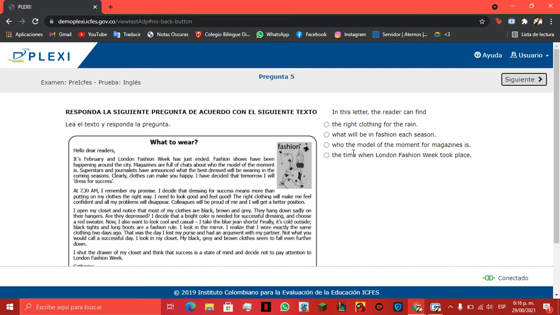No, we can't see any name or anything related with a model of the moment in the text. The time when London Fashion Week took place. I think this is the correct answer because at the beginning we can see it's February and London Fashion Week has just ended. So we can infer that it's in February.